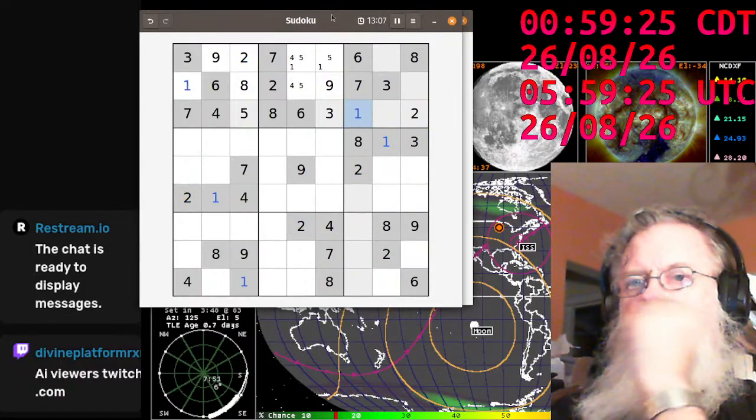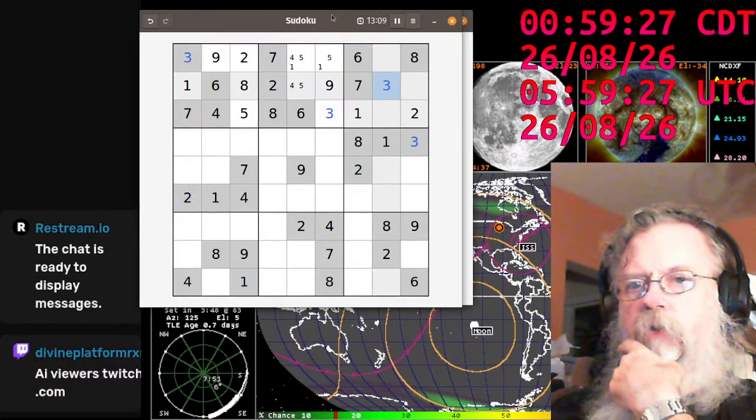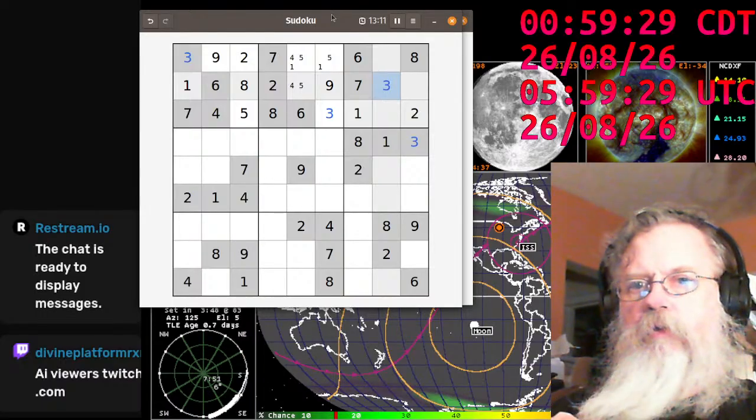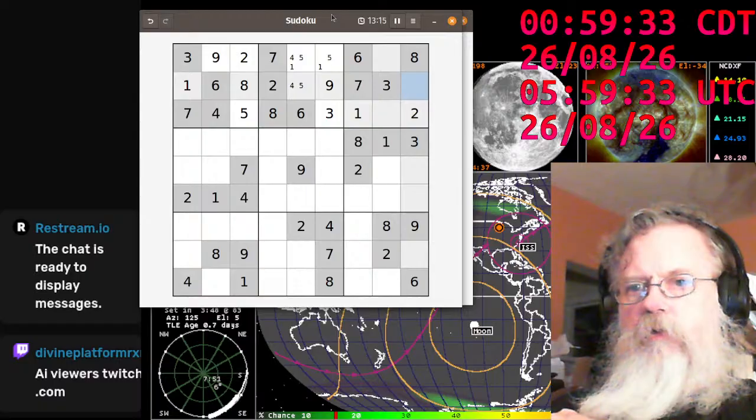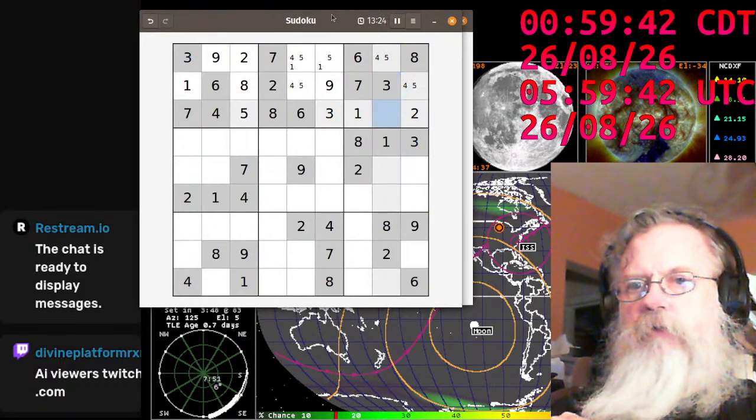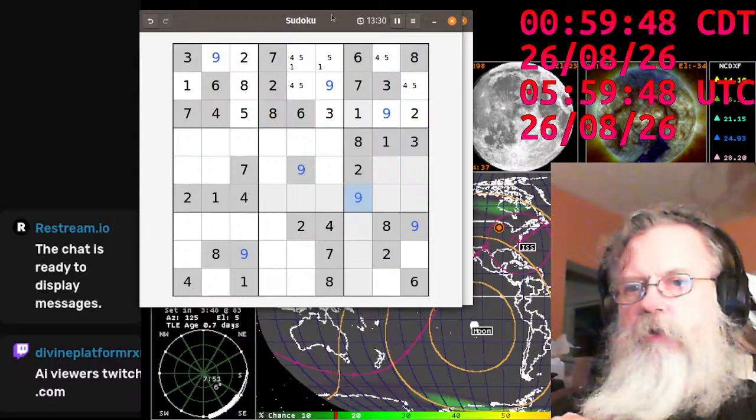That turns that into a 1. 2, 3. That can't be a 4, so one of these two is a 4. One of these two is a 5, which means this is a 9. That turns that into a 9.